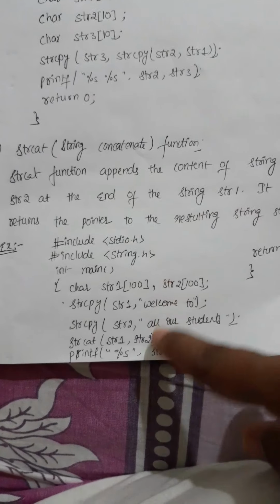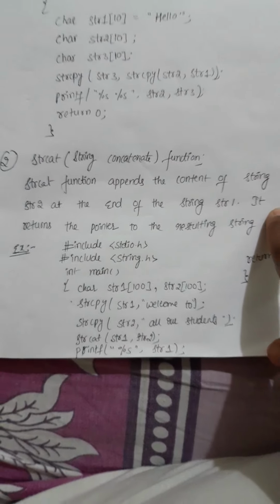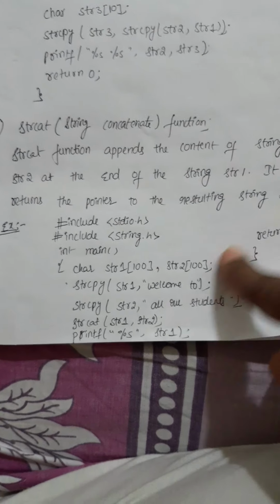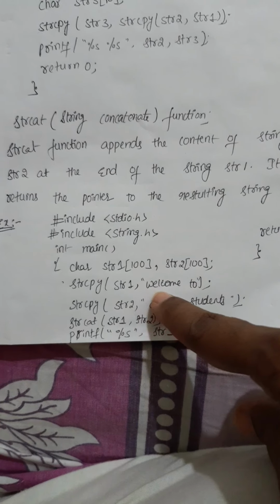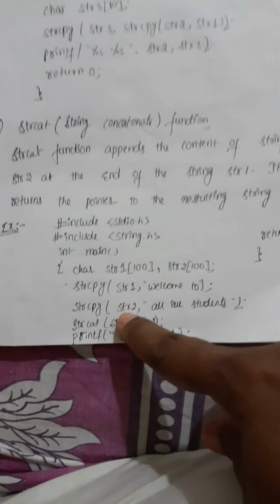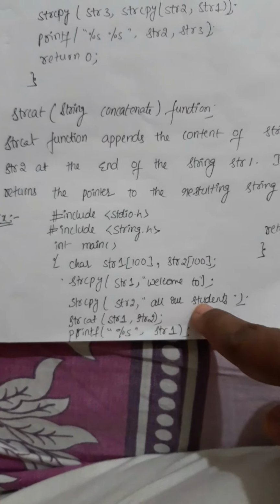If you have two strings, you take the source and destination, and the content of string 2 goes at the end of string 1. First you need to take string 1, and in the example we have taken, it is welcome to. And what is string 2? That is all our students.